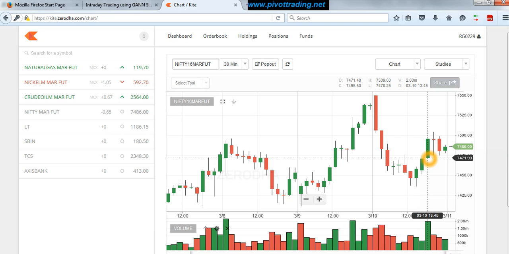Since we would be calculating the levels at 1:30, we would be using the previous candle, that is the 1:15 candle's closing price. Now look at the closing price for this particular candle. It was 7470. Okay, we would be putting in 7470 and see what happens.